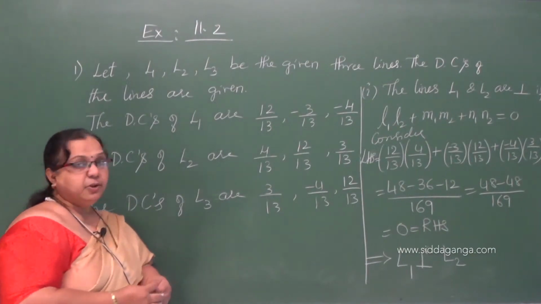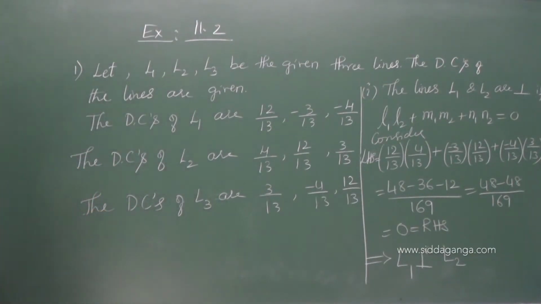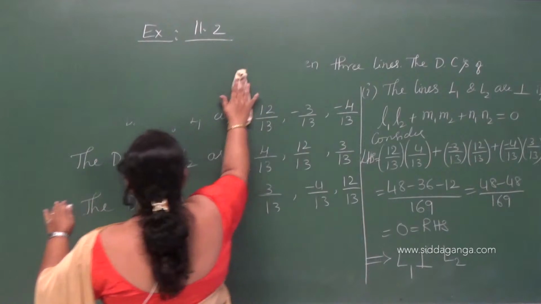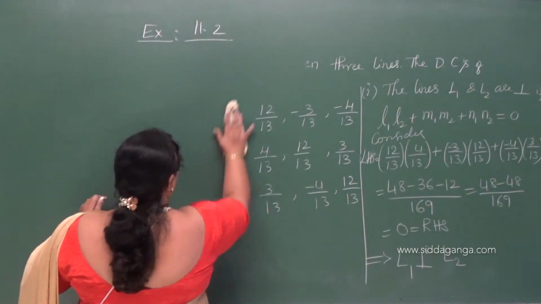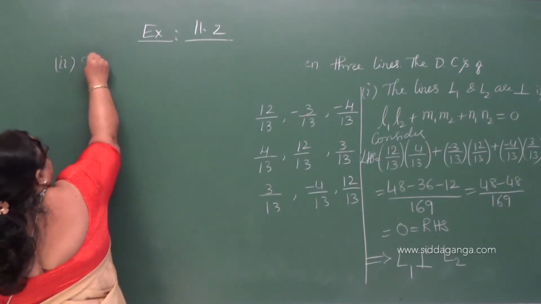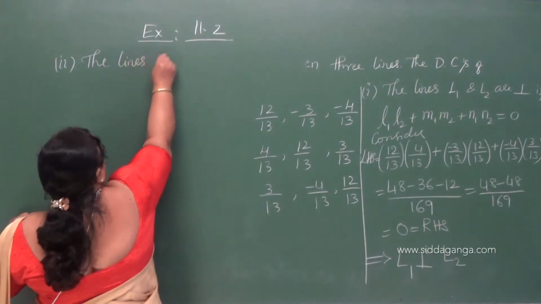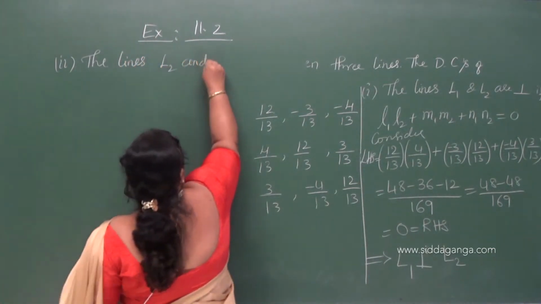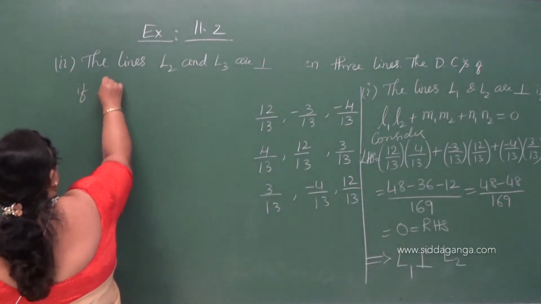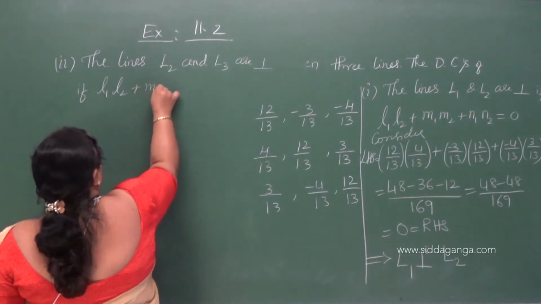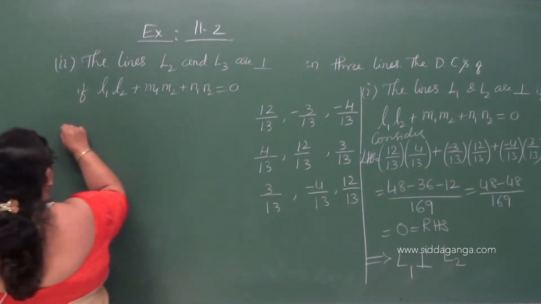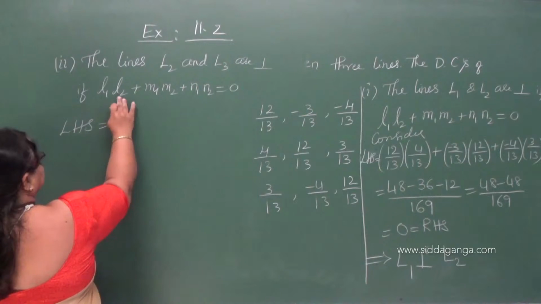So now, secondly, in subdivision 2, the lines L2 and L3 are perpendicular if L1 L2 plus M1 M2 plus N1 N2 equal to 0. Now you take the LHS of this part.